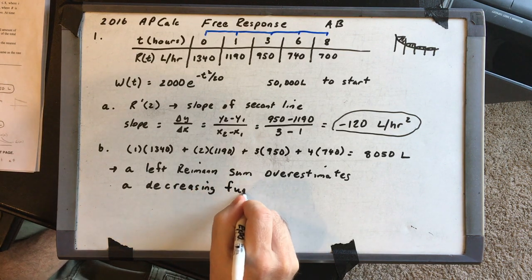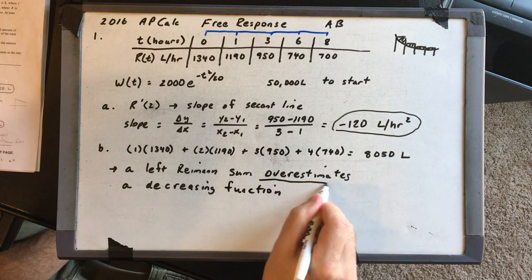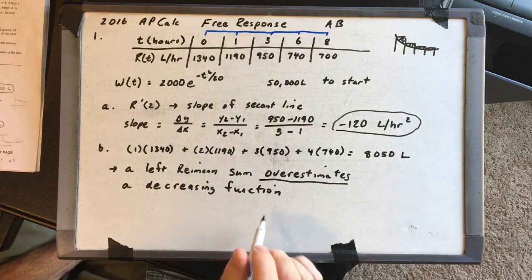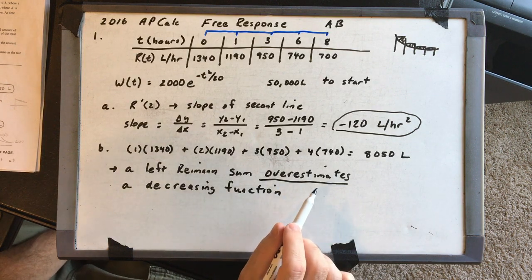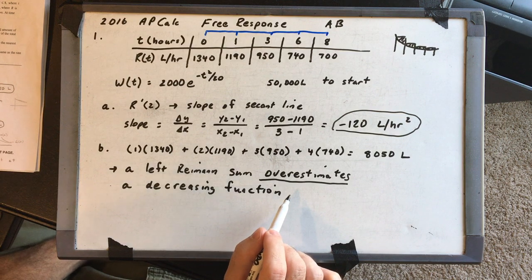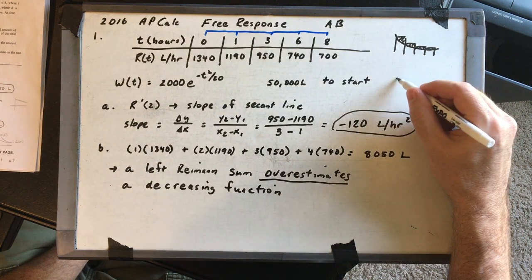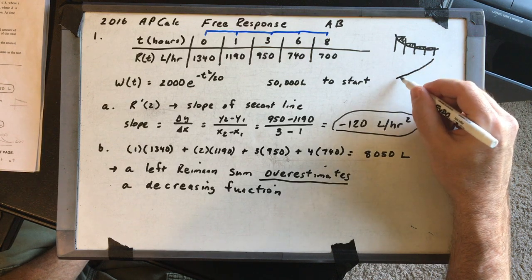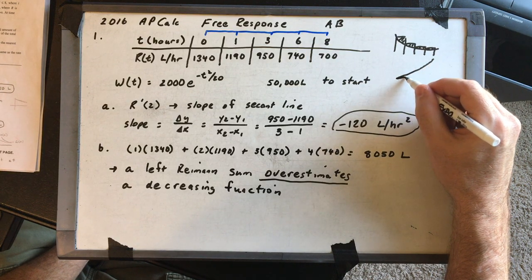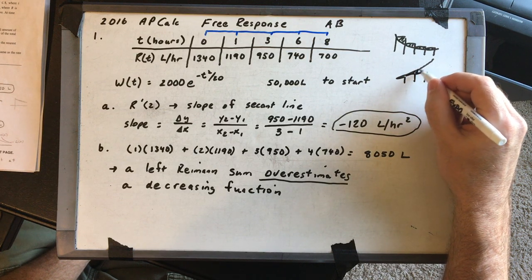So the answer they're looking for is overestimates. And a left Riemann sum would underestimate if this function were rising. If it were going like that, okay, with your left sum, you'd have some material not accounted for underneath, right?